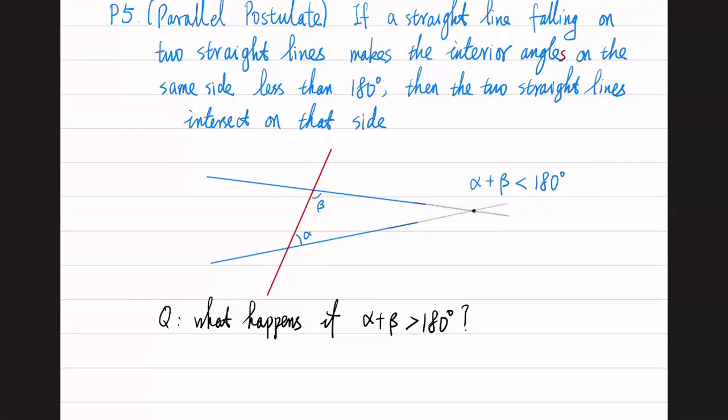Jessica, what do you see? And Amy, what happens to these two lines if the two interior angles on the same side are bigger than a flat angle?